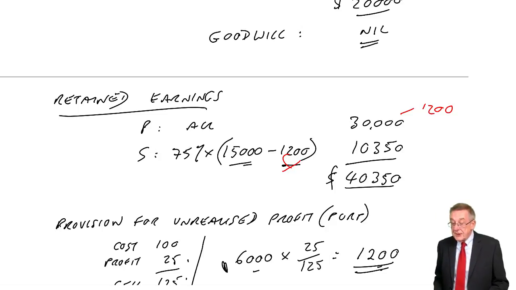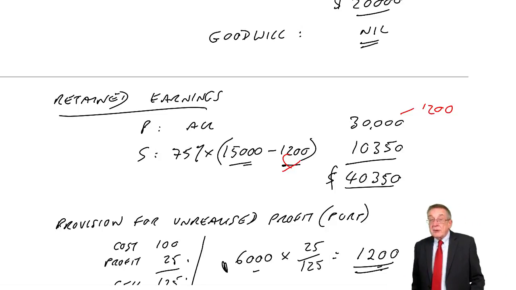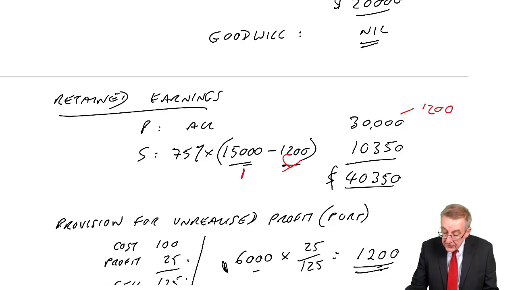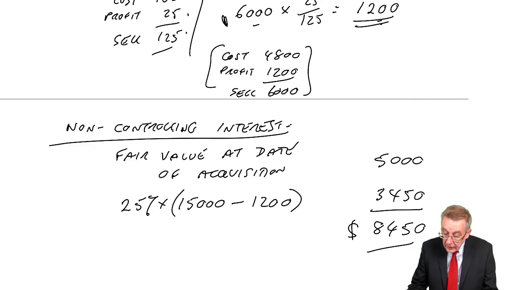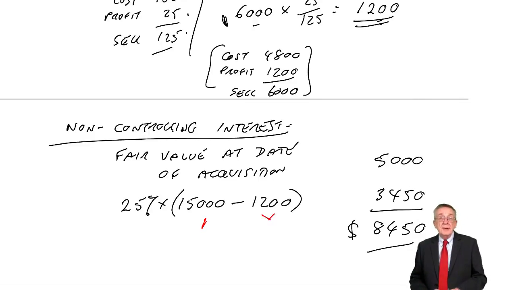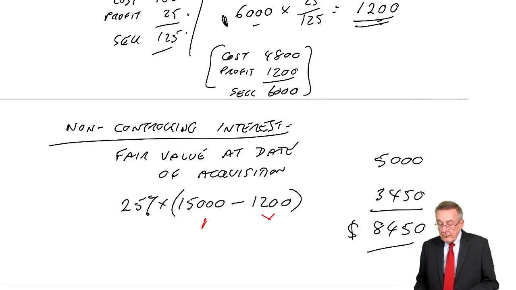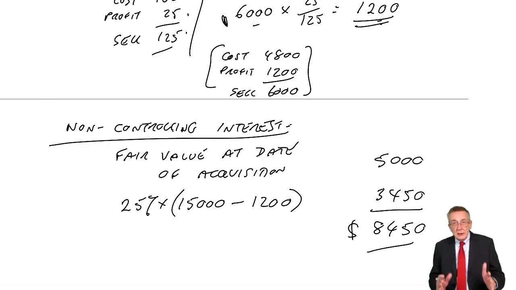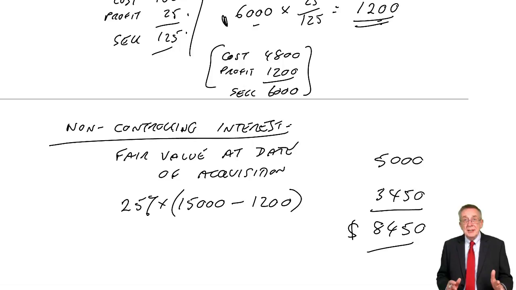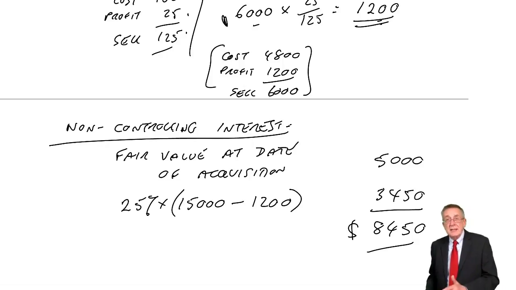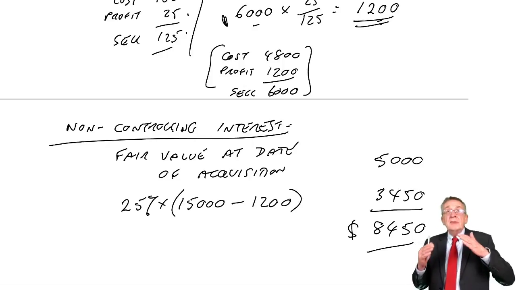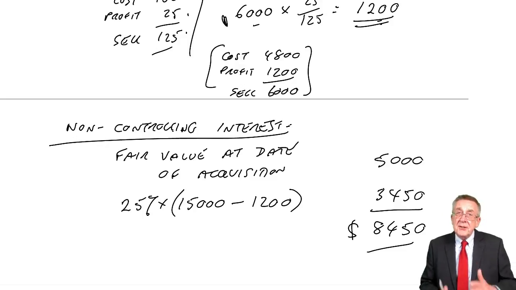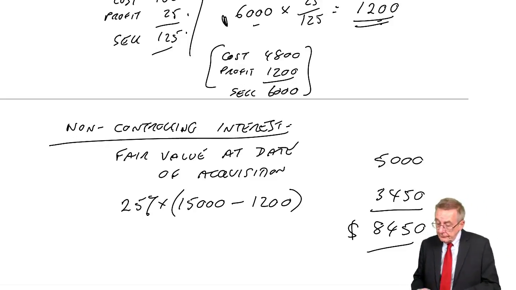If P had sold them to S, P's retained earnings are reduced by 1,200, S's we'd take the full 15,000, and similarly, the non-controlling interest, you'd take the full 15. So again, you calculate the provision for unrealized profit. You subtract it from the retained earnings of whichever of the two companies sold to the other one.